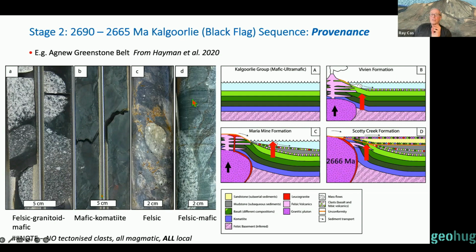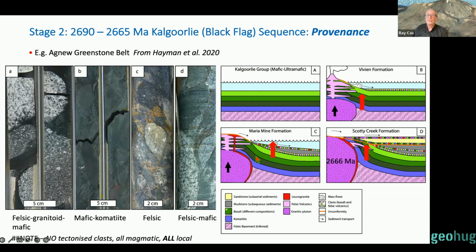Now, when we looked at the stratigraphy and the sequence within which the different conglomerates in the Agnew stratigraphy appeared, what we found is that there seemed to be a correlation with the supercrustal stratigraphy that these then become part of and overlie. So the first conglomeratic sequences seem to have been sourced in large part from basalts and some komatiites of the Kambalda Sequence geology.